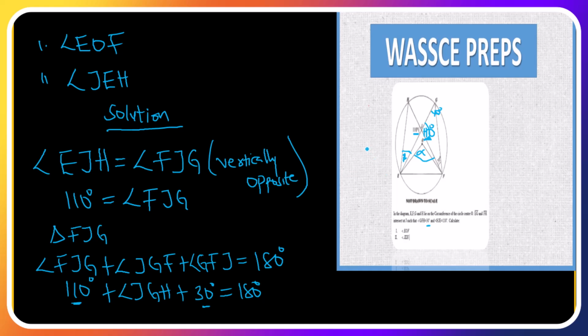Now from the circle theorem, there is a theorem which says the angle at the center is twice the angle at the circumference from the same chord. So let's observe that theorem.